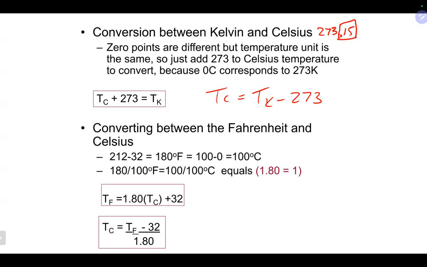Converting between Fahrenheit and Celsius, the temperature in Fahrenheit is 1.8 times the temperature in Celsius plus 32. And if we wanted the Celsius and we have the Fahrenheit, it is the temperature in Fahrenheit minus 32, divided by 1.8. That 1.8 is equivalent to 9/5.